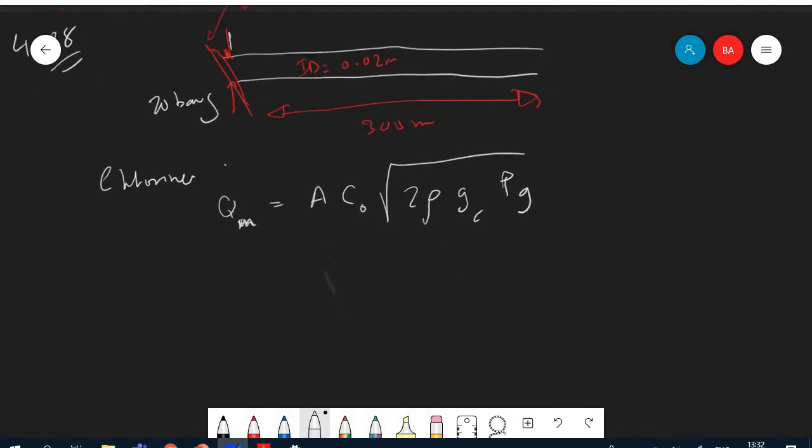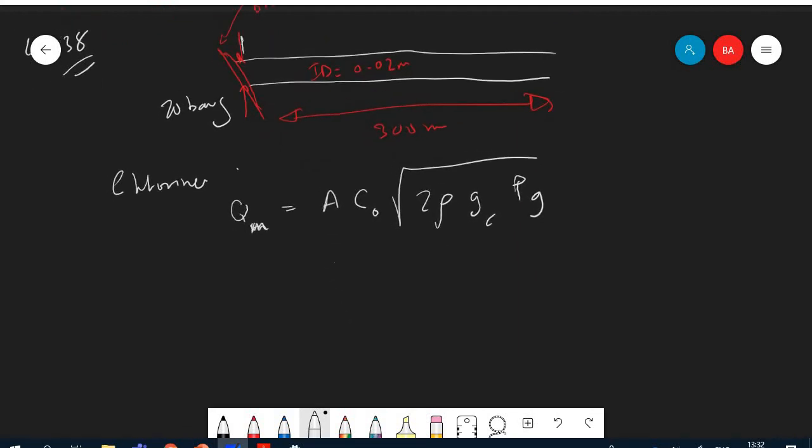That is the requirement of the question, and I'm just going to start substituting. So I need the area. What is the area? Area is pi d squared over 4, and this is the area of the hole.